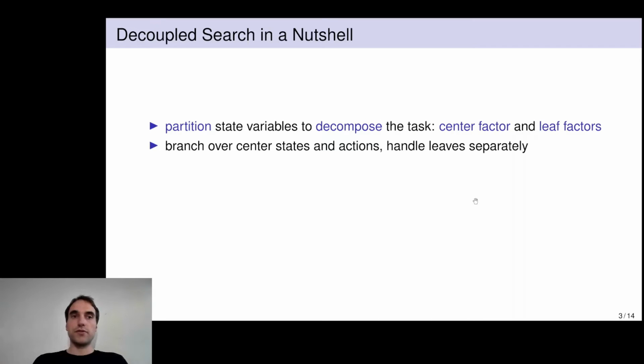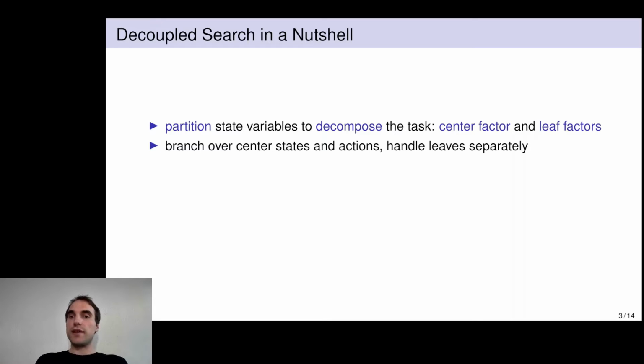We also need to talk about decoupled search briefly. In the preprocessing step, decoupled search computes a factoring of the state variables. That is, it partitions the state variables of the planning task into a center factor and one or more leaf factors.